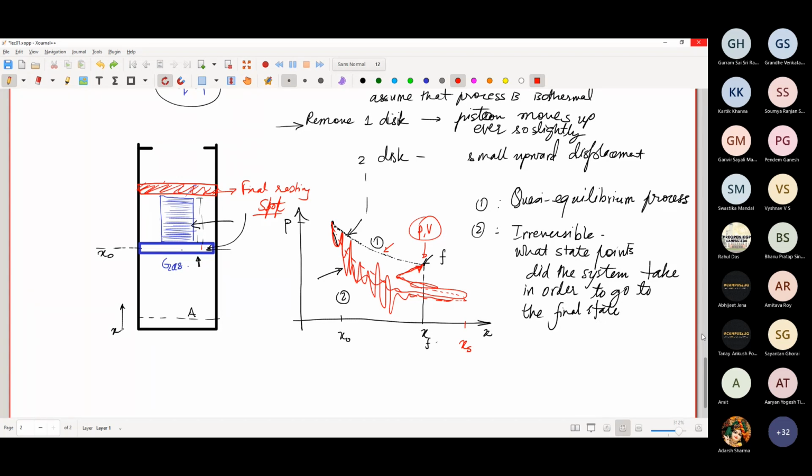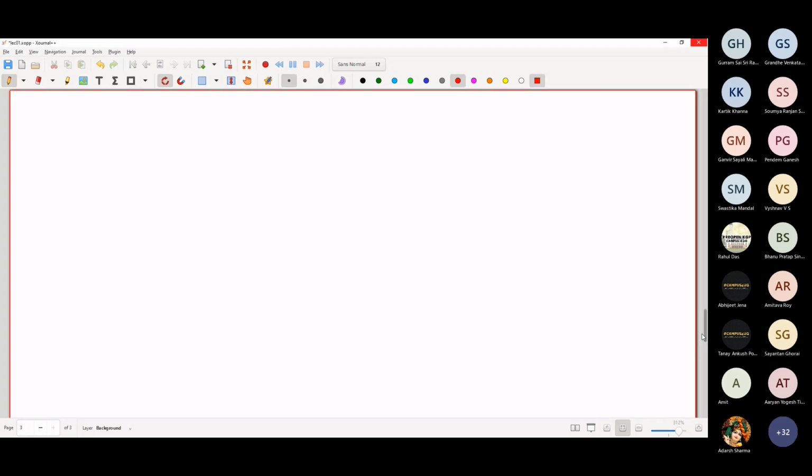All right. So now let us move to the different properties. So let me make a new page. But before we go there, some of the units.